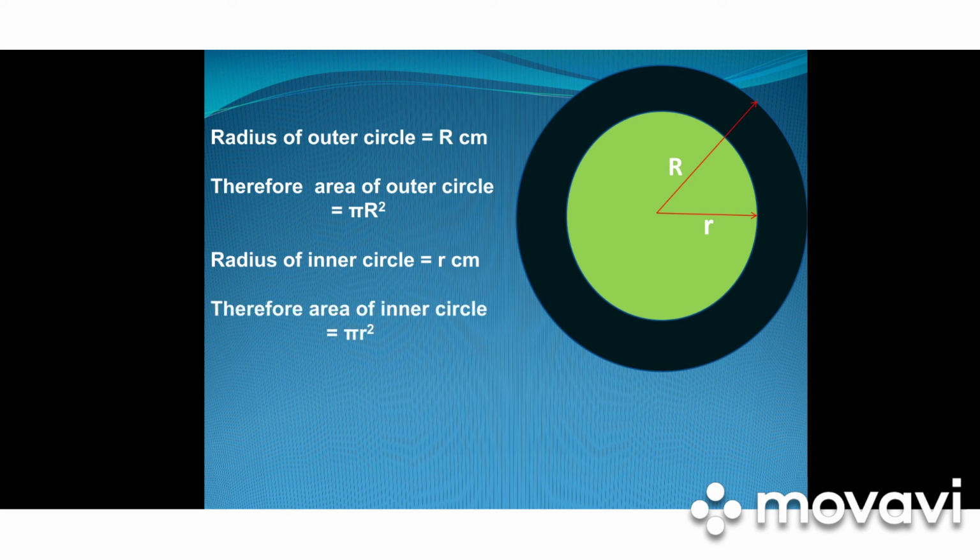Therefore the area of the inner circle is pi r square. Now we have to find the path area, the area in between two circles. So how do we find the path area? Path area equals the area of the outer circle minus the area of the inner circle, which equals pi R square minus pi r square. First one capital R, second one small r.